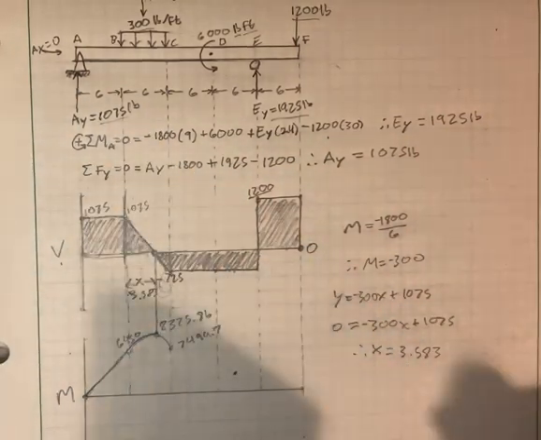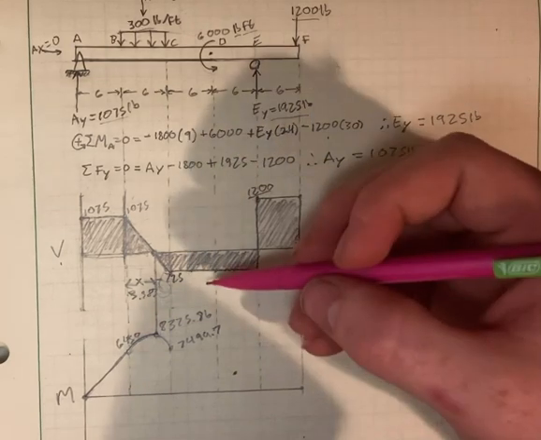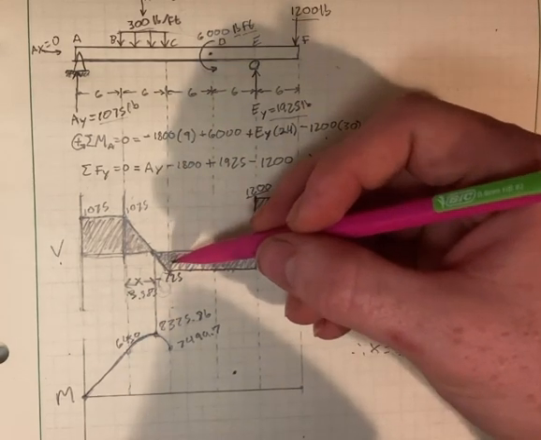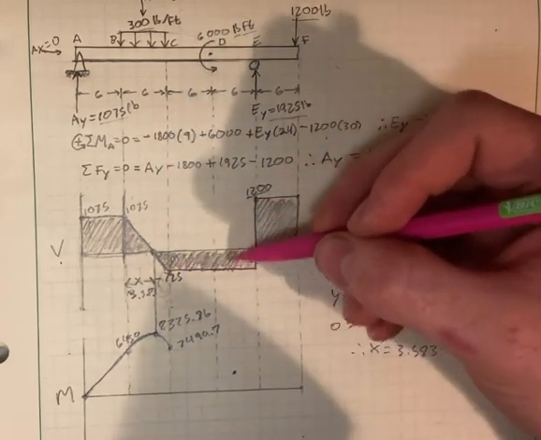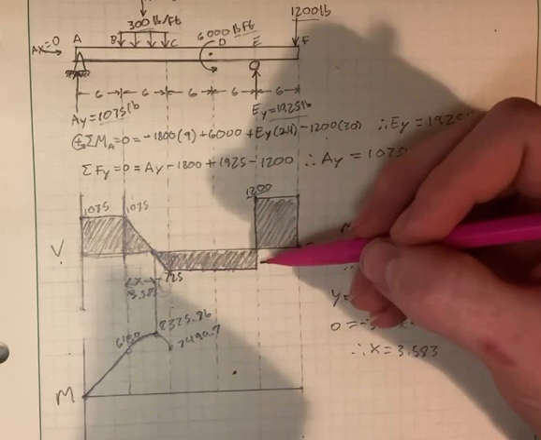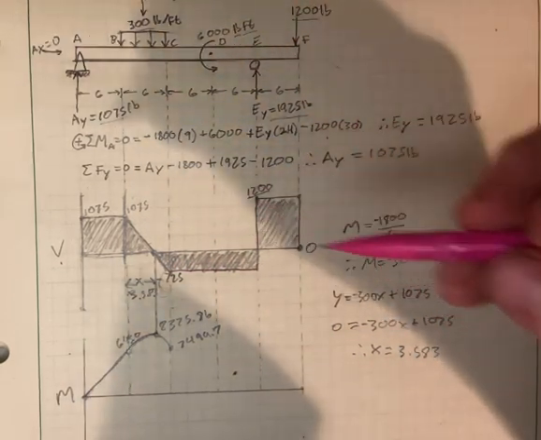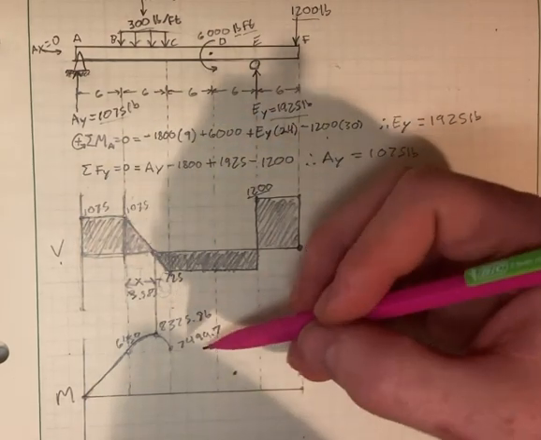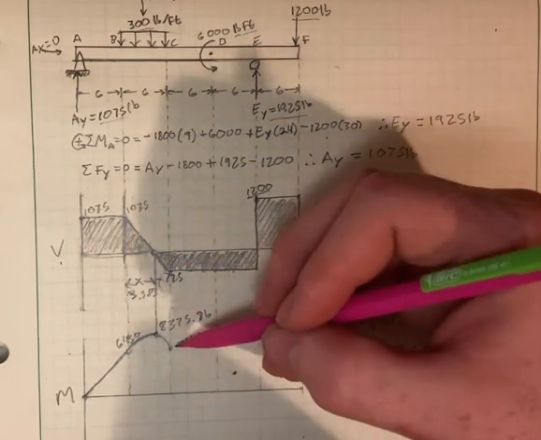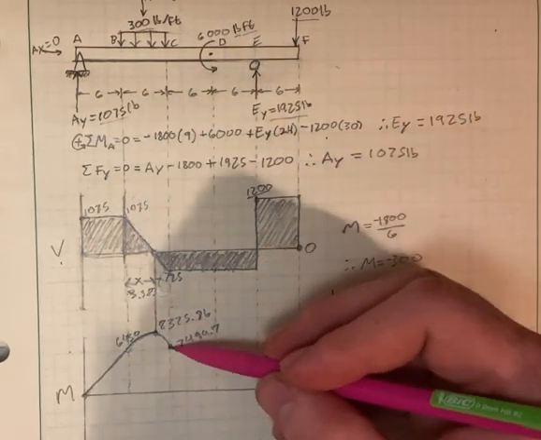Okay. Now what? Keep on working left to right. We got this negative area, and it's constant. So a constant, what's that going to be? Yep, linear, you got it. It's negative, so it's going to be a negative linear slope.